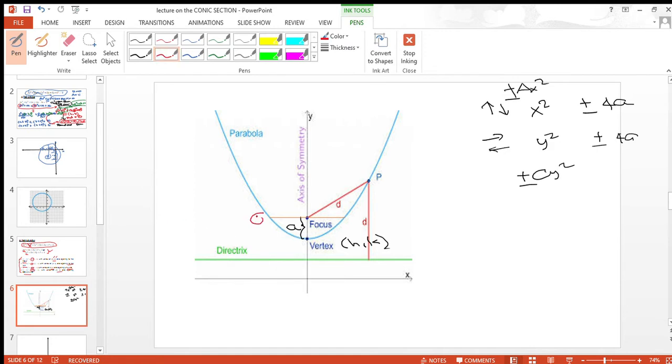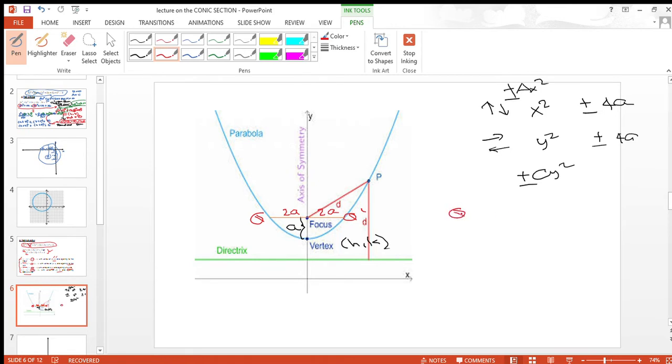We can call this Q and Q prime. The distance from F to Q is 2a, and the distance from F to Q prime is also 2a.